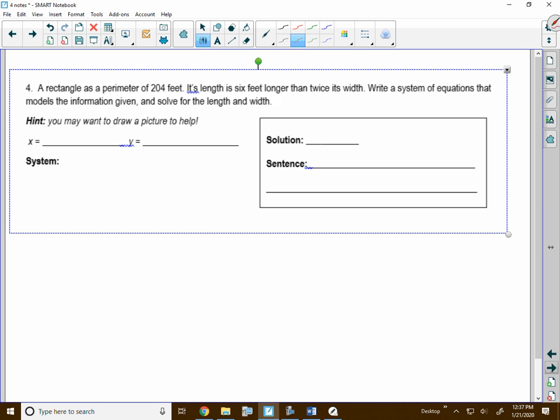All right, regardless. A rectangle has a perimeter of 204 feet. Before we even start this, let's talk about how we find the perimeter of a rectangle. Perimeter, not area, friends.